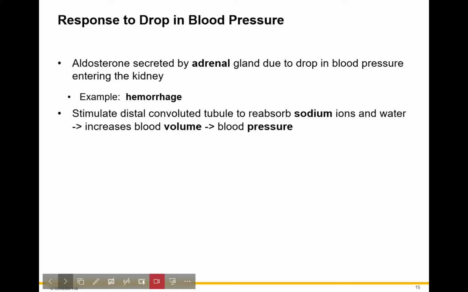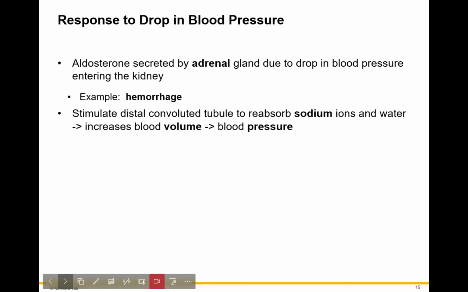It's going to increase the reabsorption of sodium ions, and we said the rule of the urinary system is water follows the salt. So sodium ions are reabsorbed, and then the water is going to follow. That's going to increase your blood pressure by increasing your blood volume. The higher your blood volume, the higher your blood pressure.